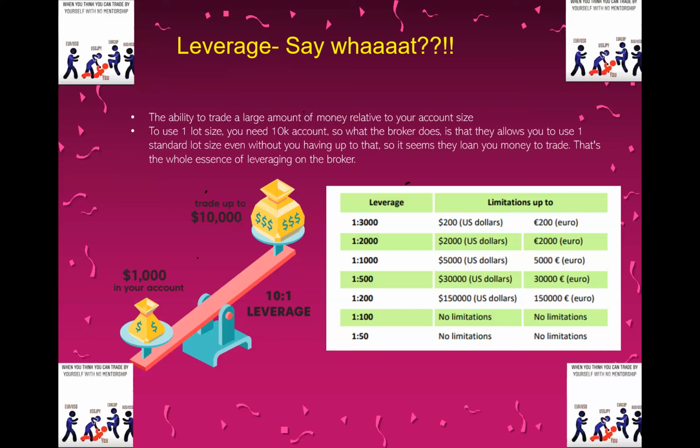If I choose 1:50, it simply means they will multiply whatever amount I have by 50. So if I open an account with $500, and I choose 1:50 leverage on the broker's platform, that means my $500 is multiplied by 50.